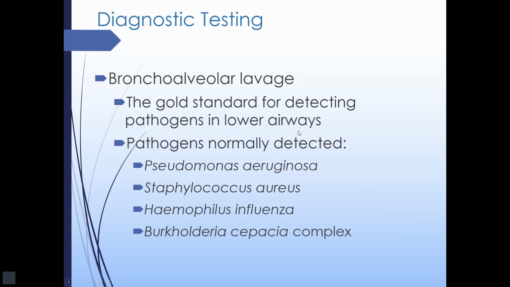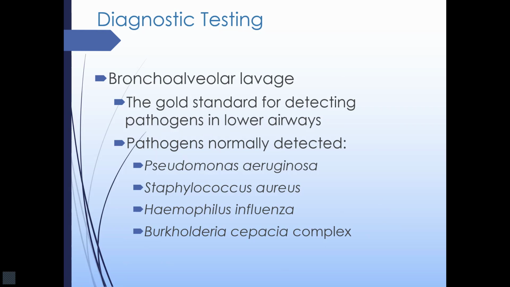When a patient gets sick, you can also do a bronchoalveolar lavage to determine what pathogens are colonizing their airways. Some common pathogens for patients with CF include Pseudomonas aeruginosa, Staph aureus, H. flu, and Burkholderia cepacia.